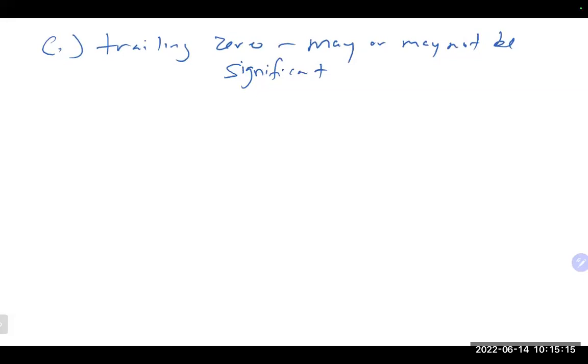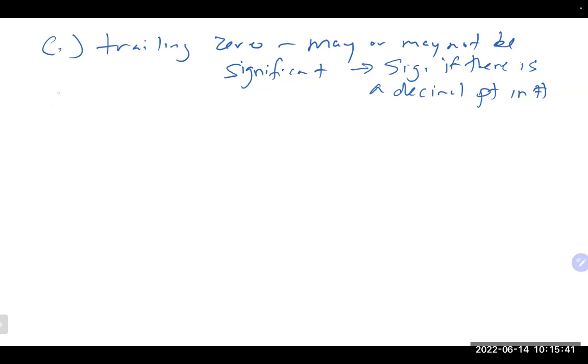What determines whether or not they are significant is that they will become significant if there is a decimal point in the number. Now, the decimal point just needs to be simply in the number. It doesn't need to be near the zeros. It just needs to be present.